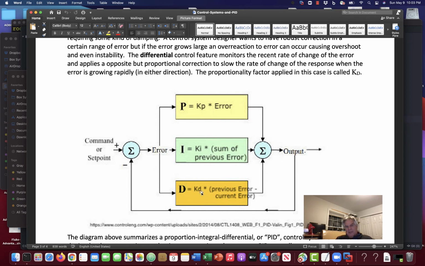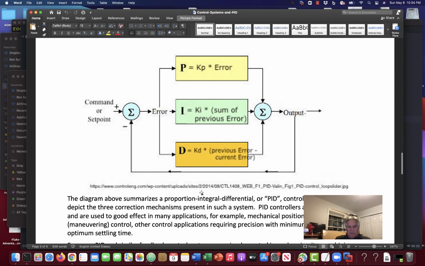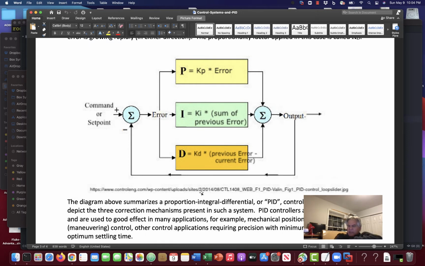We multiply that by a constant because we may want to tell the system it's okay to go very aggressive when the error is large. But when the error gets smaller, or the rate of change of the error gets smaller, we may want to move back the response of the system, or just the opposite.